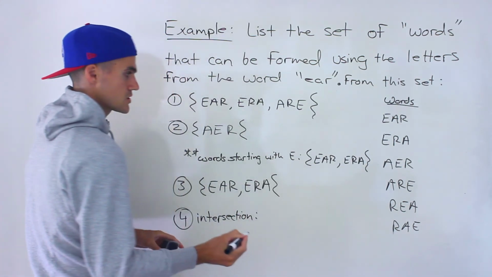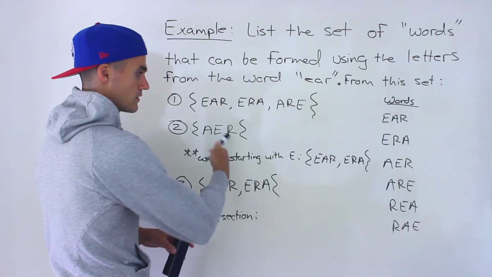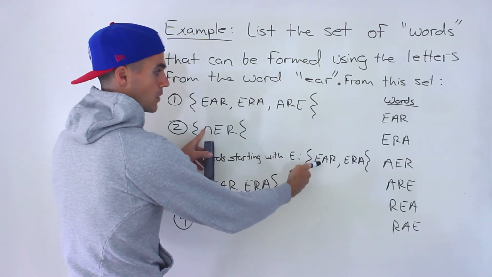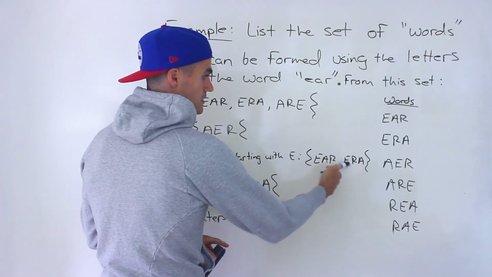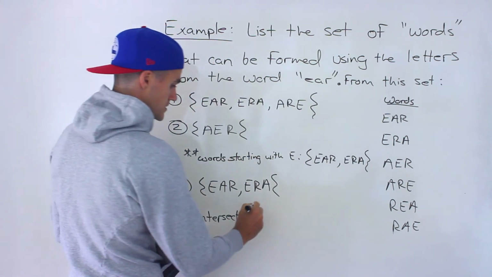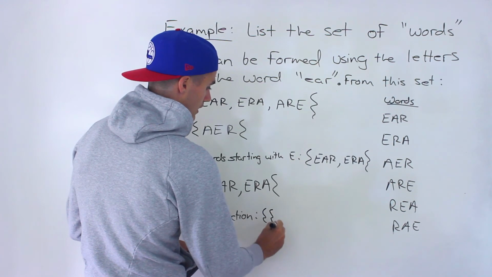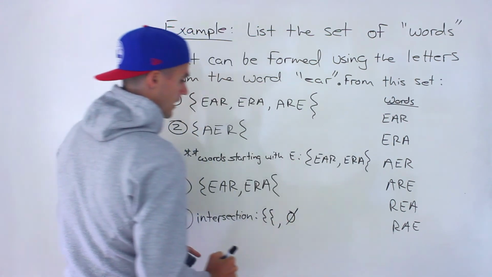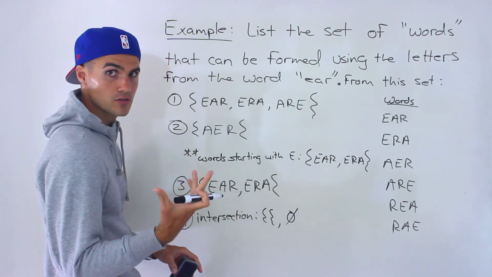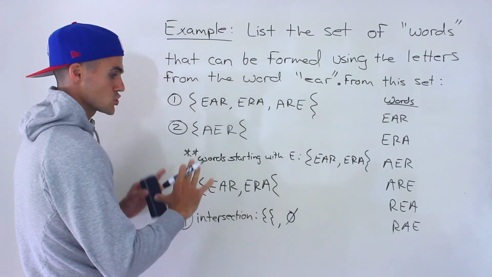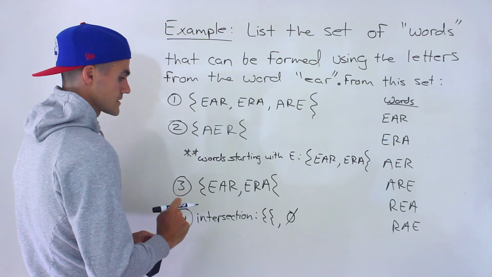Well, notice it's just the null set, right? There are no elements that are common in both. This element isn't in this subset, and these 2 elements aren't in this subset. So this would just be an empty set, or you can show it as a 0 with a dash through it, right? Both of these are notation for the null set, which basically means there's no elements in that set.